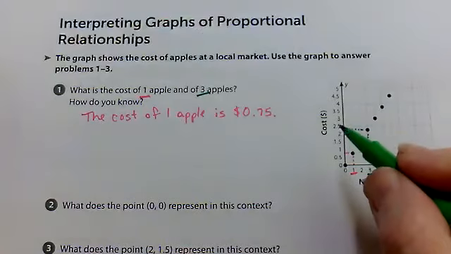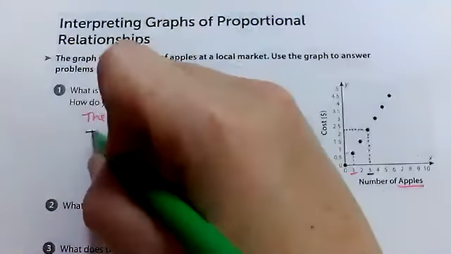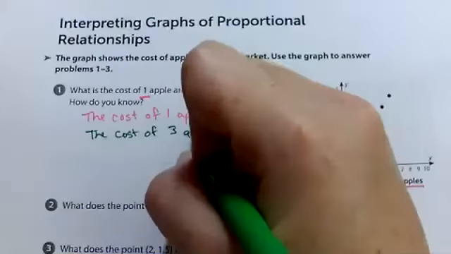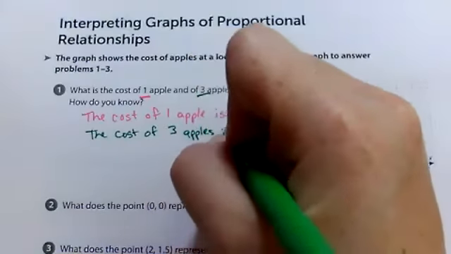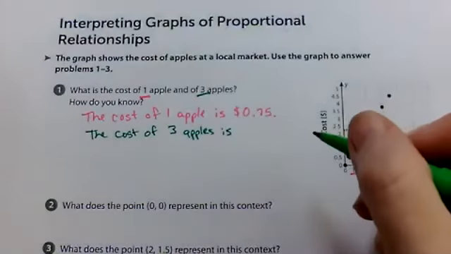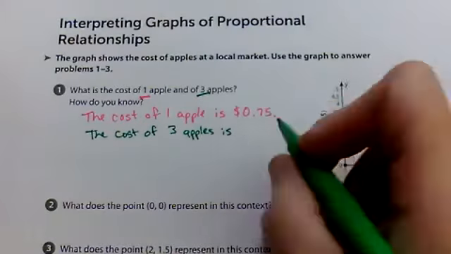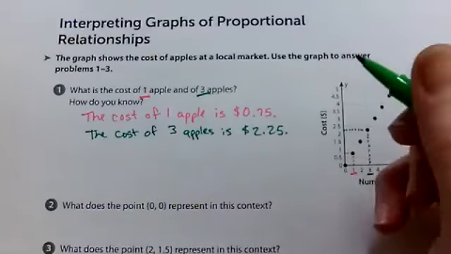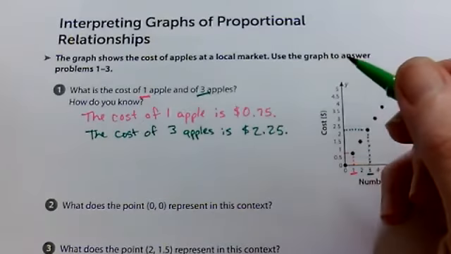It's a little more than 2, but it's not quite 2.5. So I'm going to say the cost of 3 apples is, I don't know, what do you think? 2.25 sound good? It's between, so that's pretty close.